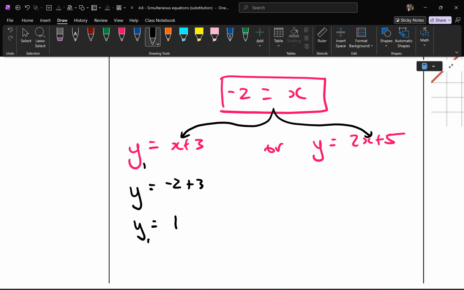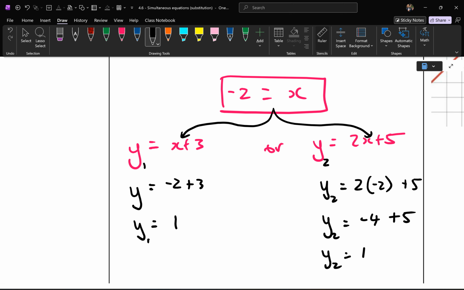Let's try the second equation. Second equation was y2. If I subbed in 2 times negative 2 plus 5, let's see if that works out the same. 2 times negative 2 is negative 4. Negative 4 plus 5 happens to give you 1 as well.